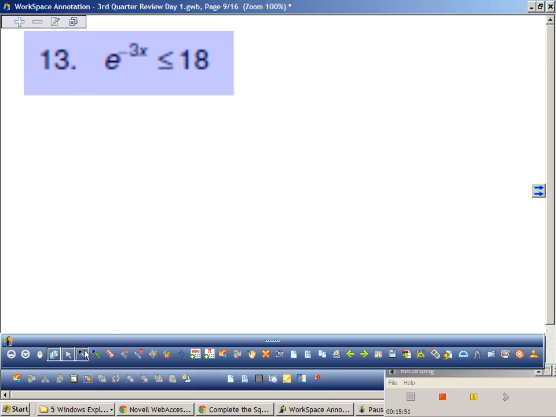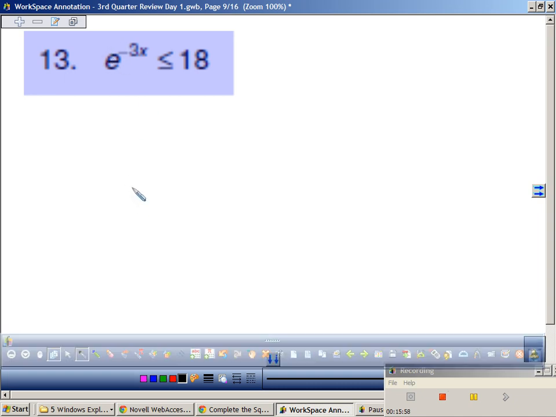Okay, let's do number 13 on the blue. Couple different strategies we could use, right? I could put ln on both sides. Then what?